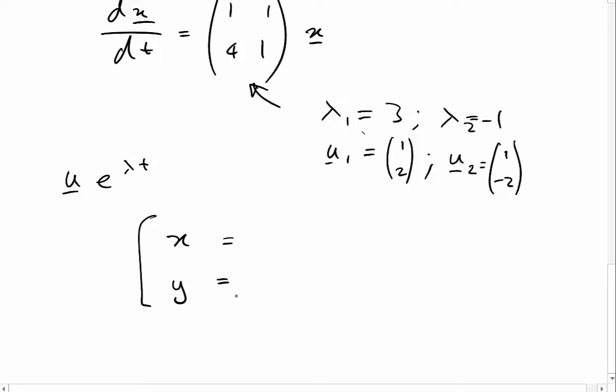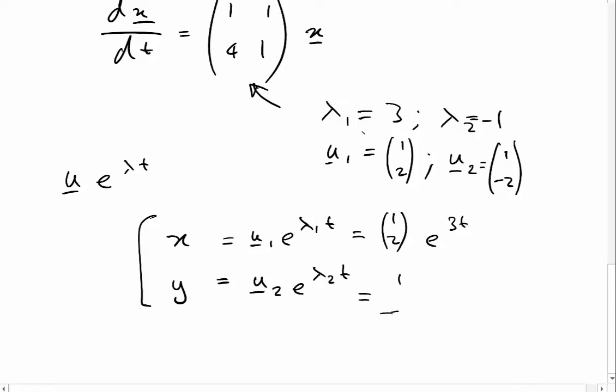Well, x will equal my first eigenvector u1, e to my first eigenvalue, lambda 1 t, and likewise for y, it will equal my second eigenvector and my second eigenvalue. So this is (1, 2) e to the 3t, and this is (1, minus 2) e to the minus t.